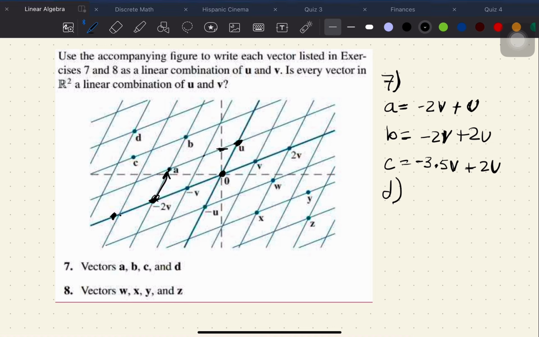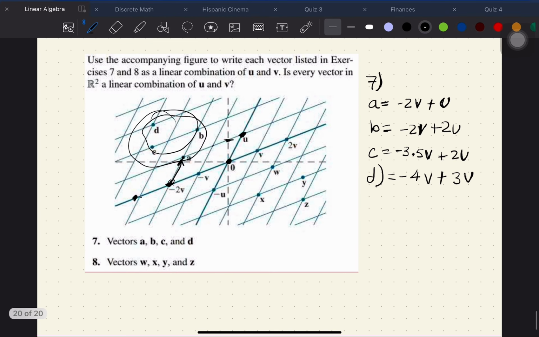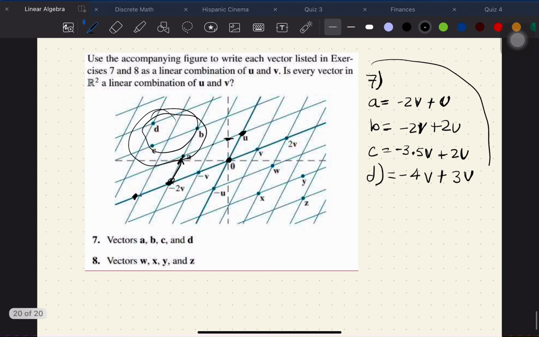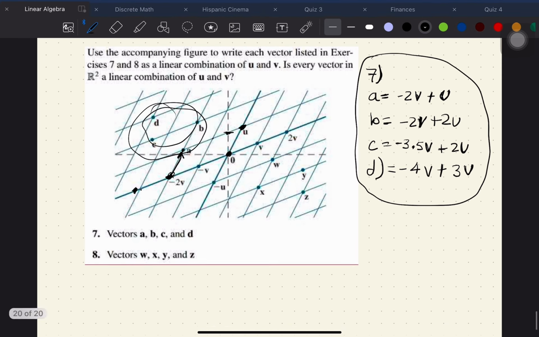So we will say that is negative 4, yeah, negative 4, let me erase this, negative 4b plus 3u, because it's not in the same location and the value of u has been moving all around over here. So we have to keep it consistent. So this is what we will get for 7.